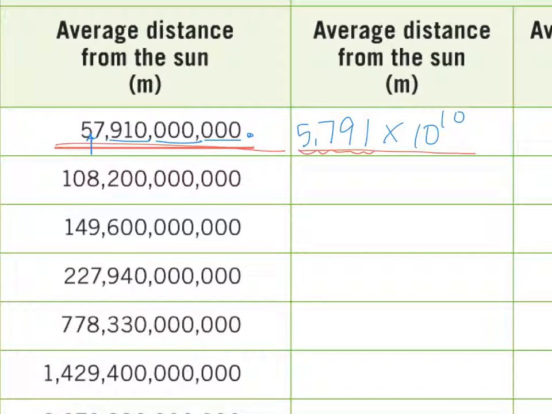At the beginning, here is where the decimal is, and I want it to go all the way between 5 and 7. So this is my A. Then I need to know how many places my decimal traveled. Three zeros as one group of 3, 6, 9, 10. That's how I get 10 to the 10th power. With this idea, we can complete this table just as an exercise.